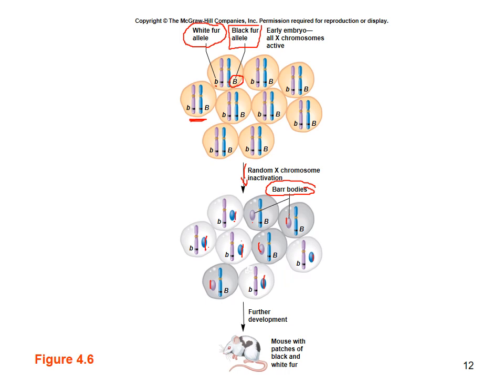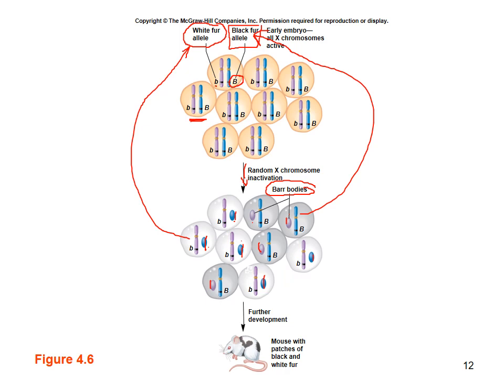And as a result, when we look at the overall pattern of fur on the mouse, we're going to get little patches because, for instance, this cell right here will show white fur because the black fur allele has been inactivated. On the other hand, in this cell right here, the white fur allele has been inactivated, so in that particular patch of tissue, the black fur will show through.